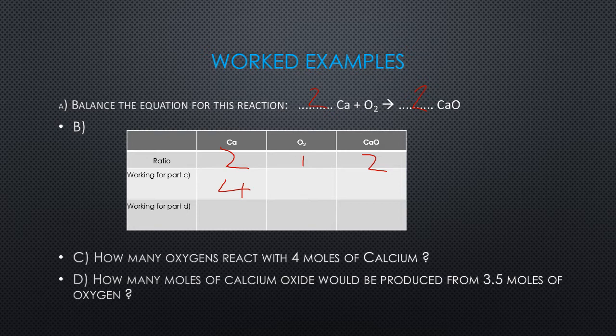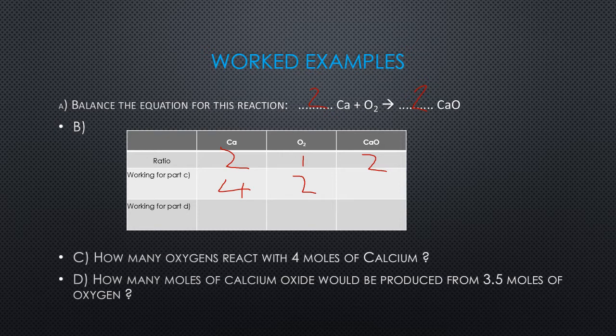Therefore, for 4 lots of calcium, we would need to halve the calciums for oxygens. Therefore, we would have 2 lots of oxygens. Don't worry about the calcium oxide, it's not asking you about the calcium oxide.